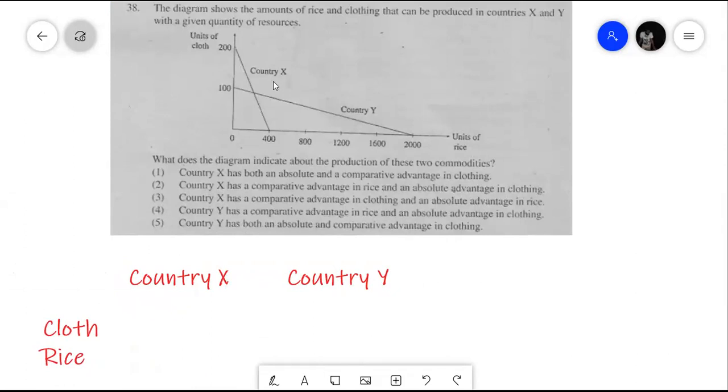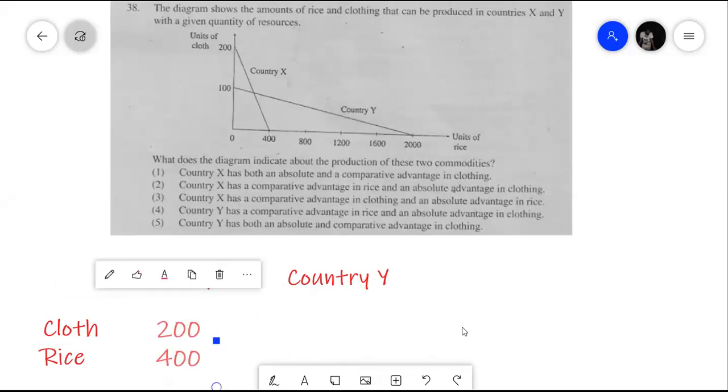If you read the PPC for country X, if they use all of their resources, they can produce 200 units of cloth, or else, if they don't produce any cloth, they can produce 400 units of rice. So for country X, 200 cloth or else 400 rice. That is how it looks for country X.